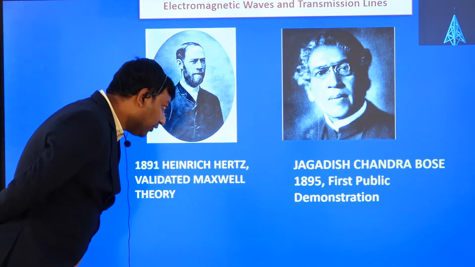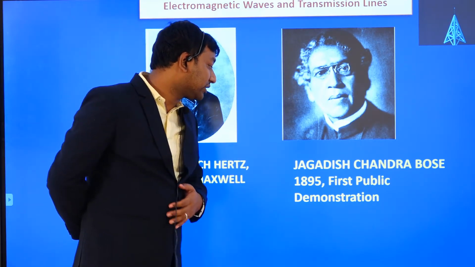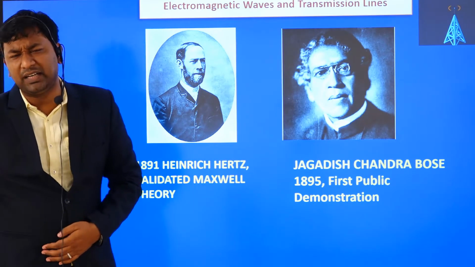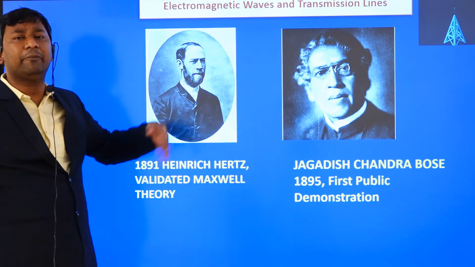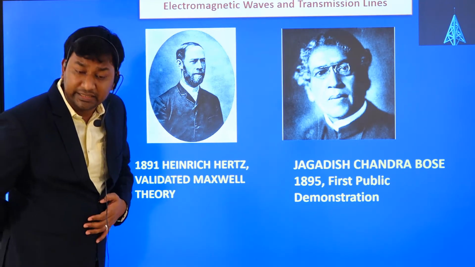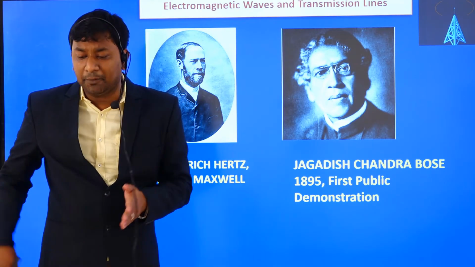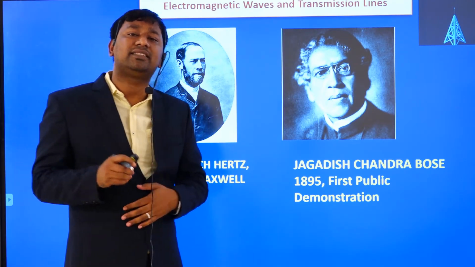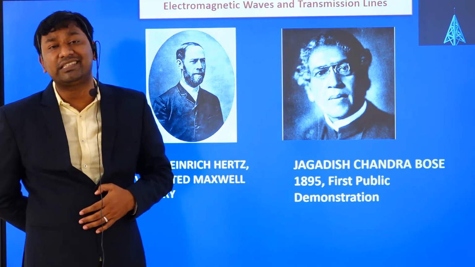But from our Indian subcontinent, Sir Jagdish Chandra Bose gave the first public demonstration of wireless communication in 1895. At that time he generated a wireless signal covering a short range, with frequencies of about 50 or 56 gigahertz.